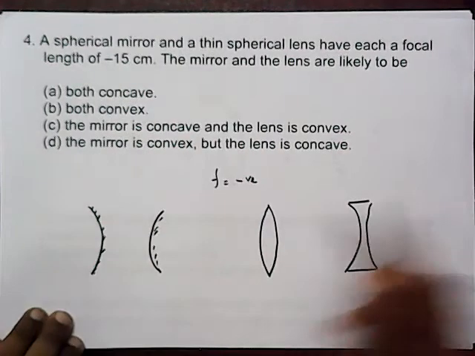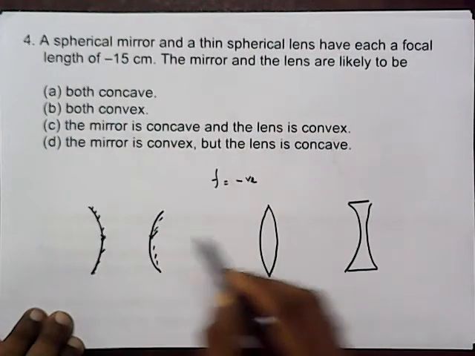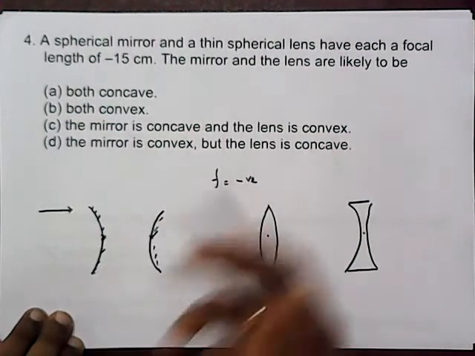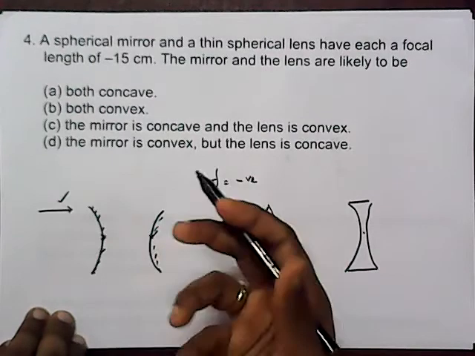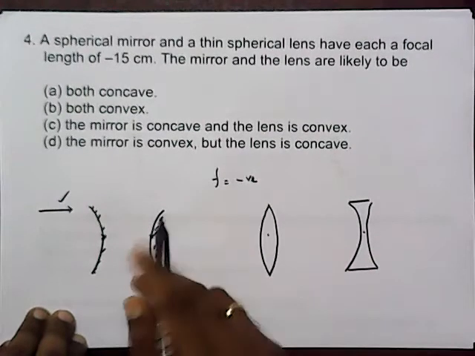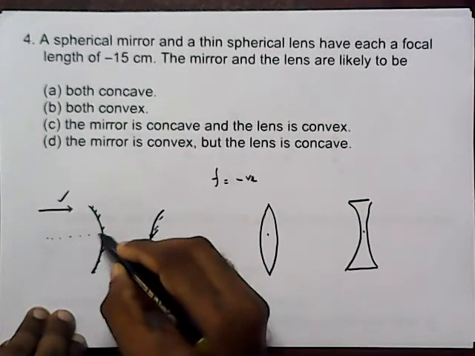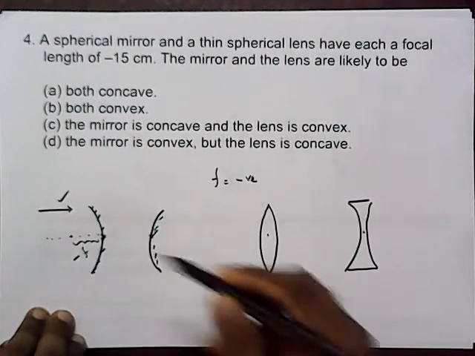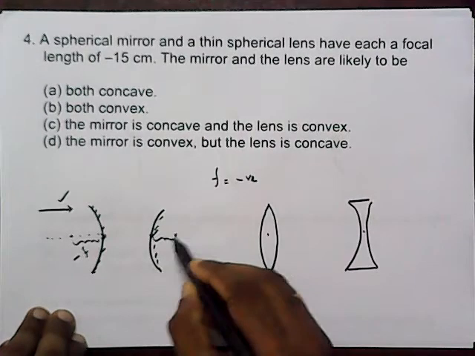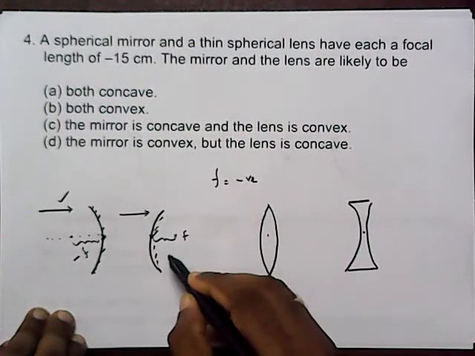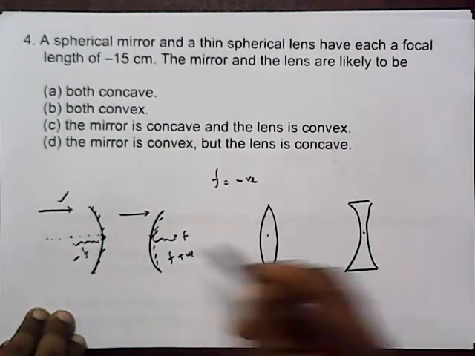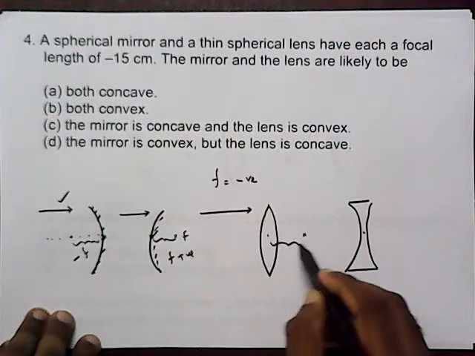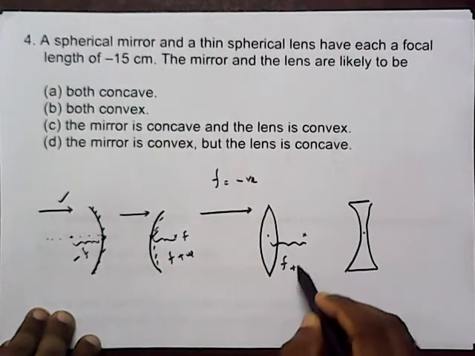And keep in mind, we have to measure the focal length from the pole or the optic center. The direction of light we take as positive, opposite we take as negative. So for a concave mirror, we have to measure opposite to the incident light and hence it is negative. For a convex mirror, we take it in the same direction as the incident light, so F becomes positive.